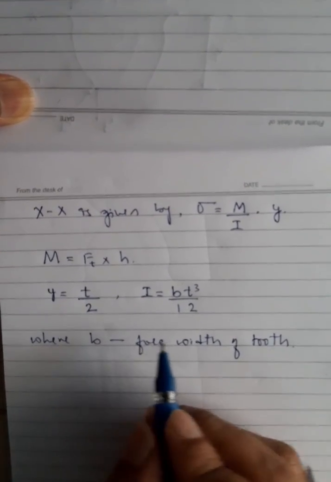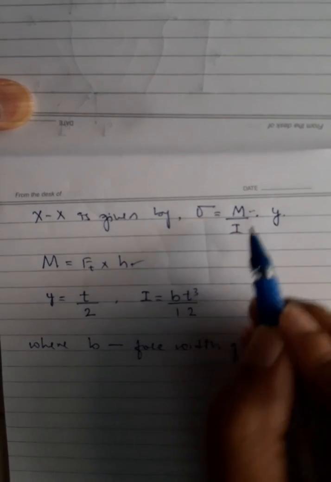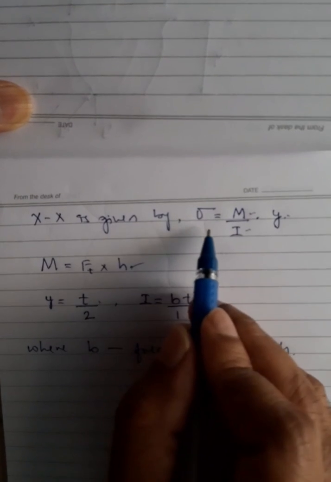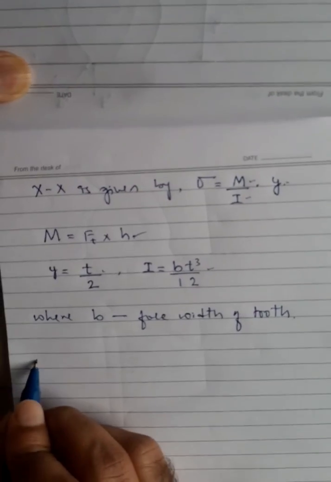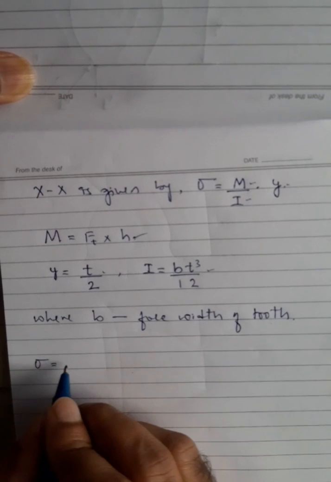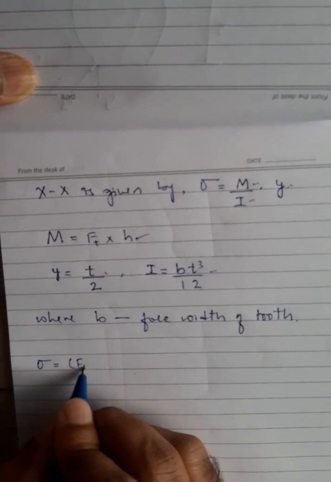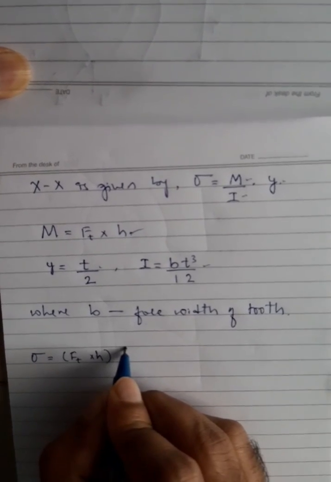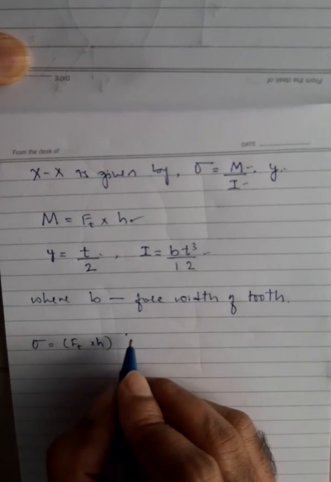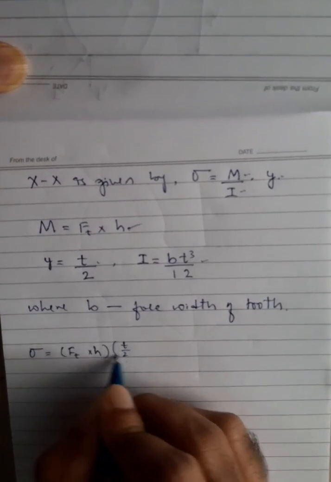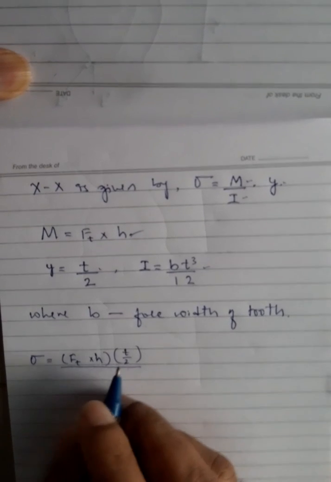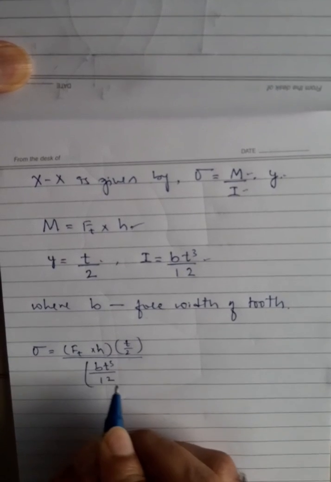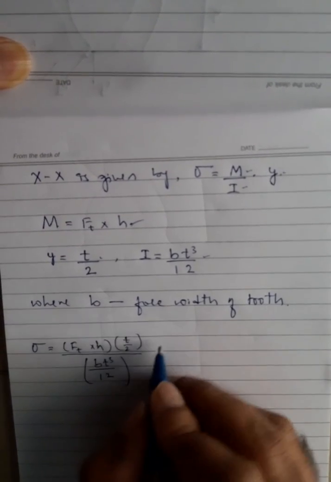Now substituting the value of M, the value of I, and the value of y in the bending stress equation, we have sigma is equal to Ft into h into t by 2 divided by b t cubed by 12.